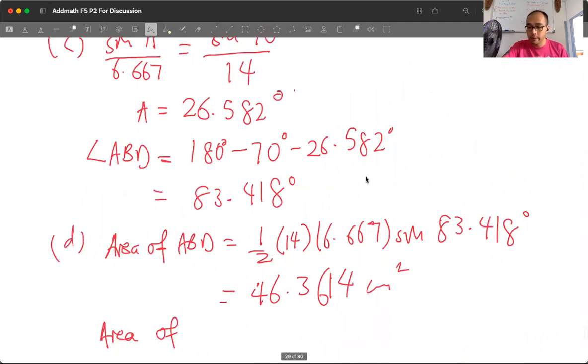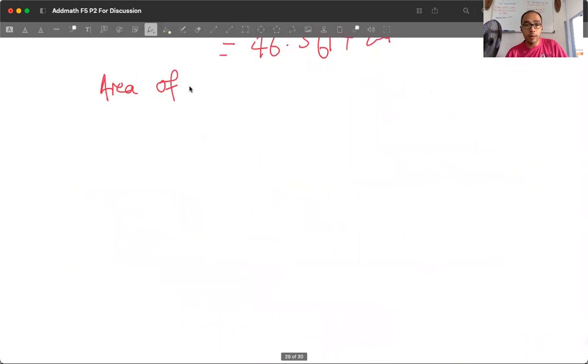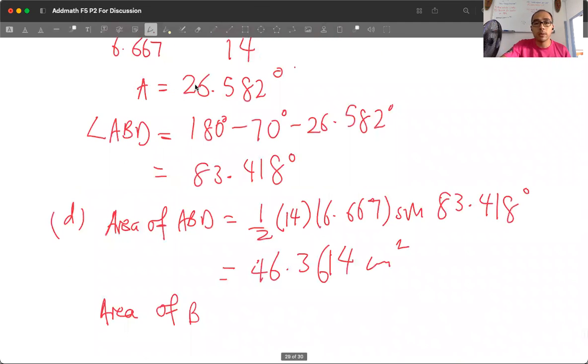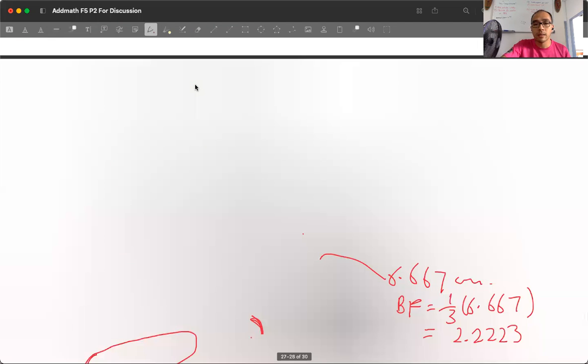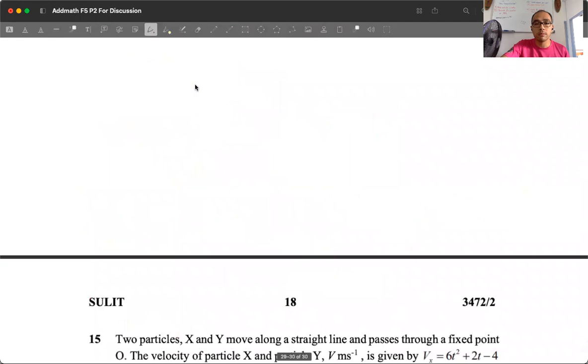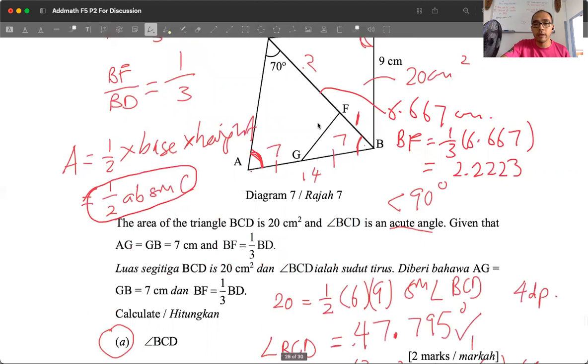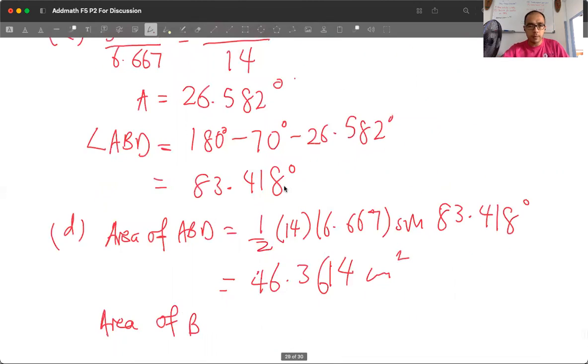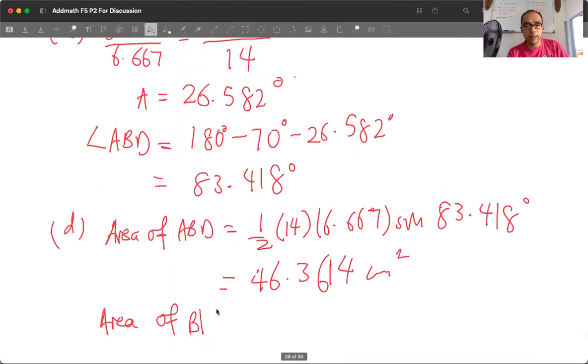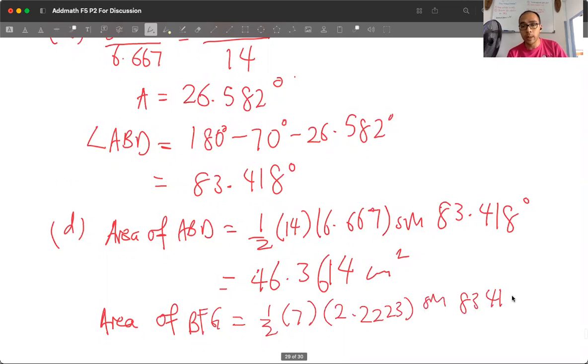This is 7, and we use the same angle. So the area of BFG is 1/2 times 7 times 2.2223 times sine, same angle, 83.418 degrees.